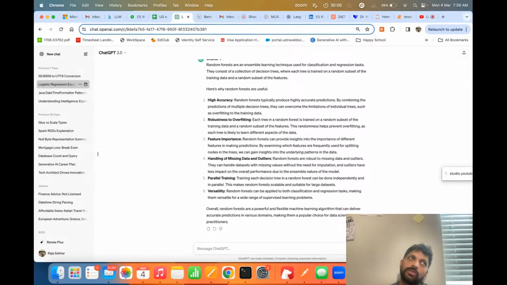Especially if you take all 1,000 features and all million records, you might end up overfitting the particular decision tree. So one of the techniques is to not go with all 1,000 features. Instead, when you go for random forest, you pick a subset of features and subset of values. For example, out of the 1,000 features, you can say I pick up 50 features and then build one tree. And then instead of 1 million records, I'll take a subset of, let's say, 1,000 values, right?